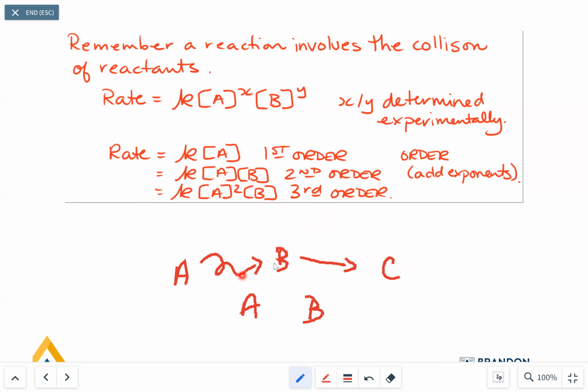There's a whole bunch of things which are important to see if this collision is actually going to make C or if it's going to do something else. But yeah, molecules have to collide, but sometimes they also have to collide with the correct sort of orientation.